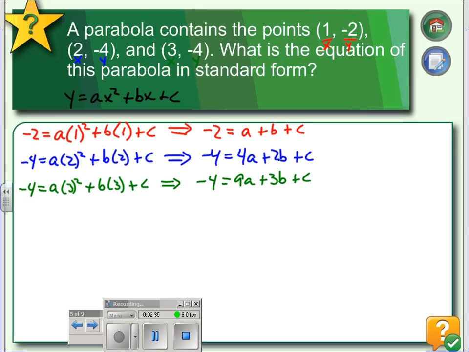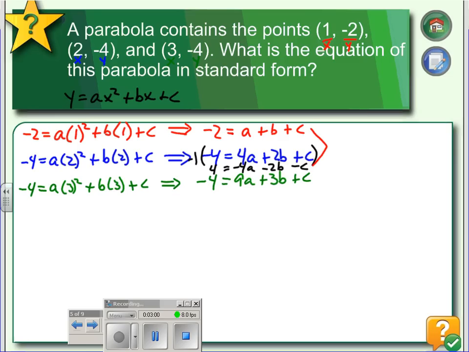Next, what we need to do is solve this system of equations by eliminating variables one at a time. So if we multiply this second equation by -1, that will give us 4 = -4a - 2b - c. Now we can combine equations, and when we combine them, the c's will add up to 0.